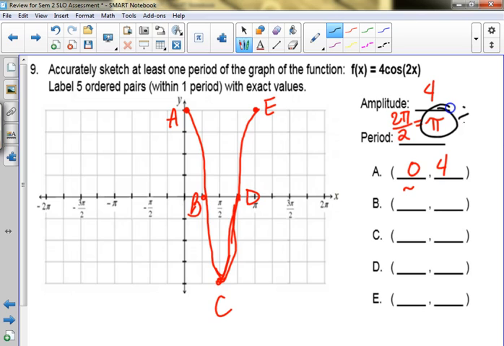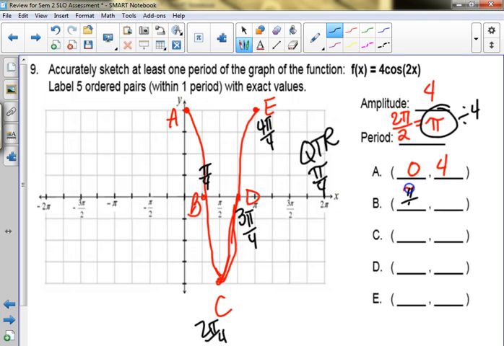If our period was divided by 4, we'd have the quarter points, so this should be pi over 4, 2 pi over 4, 3 pi over 4, and 4 pi over 4. So the points are pi over 4, 0, pi over 2 when we reduce, negative 4, 3 pi over 4, 0, and pi, 4.